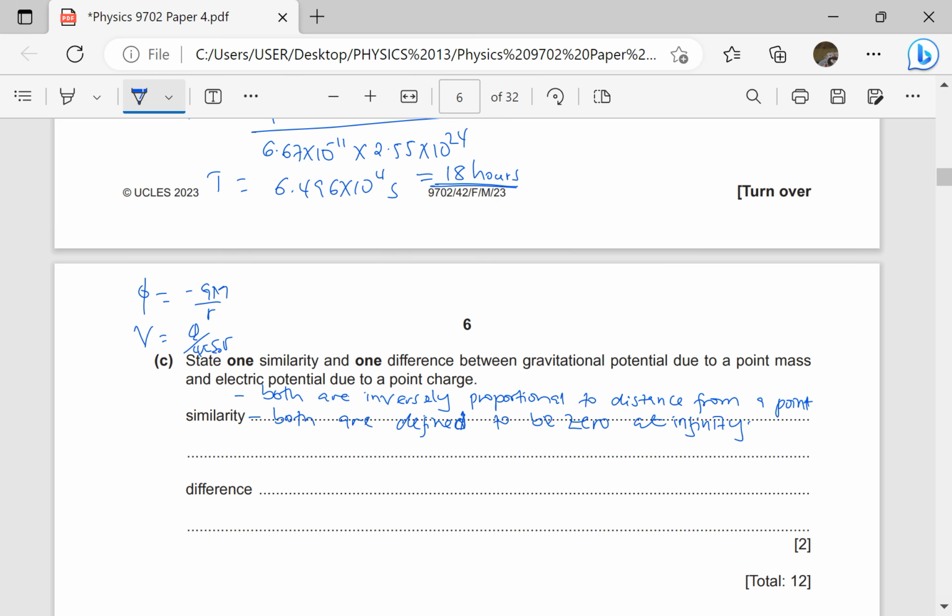Or you could say the points of equal potentials lie on concentric spheres in both fields.